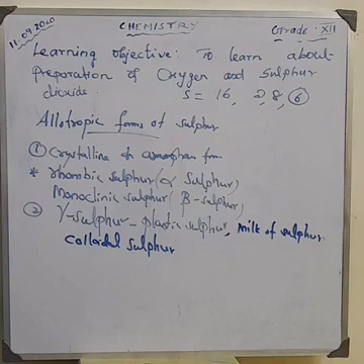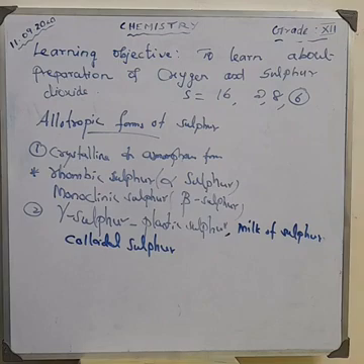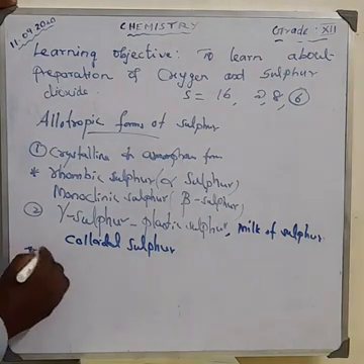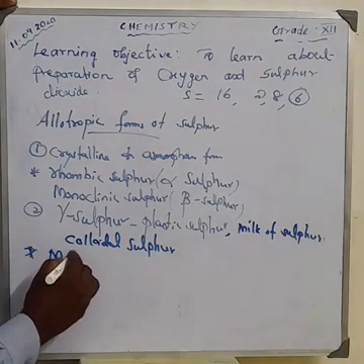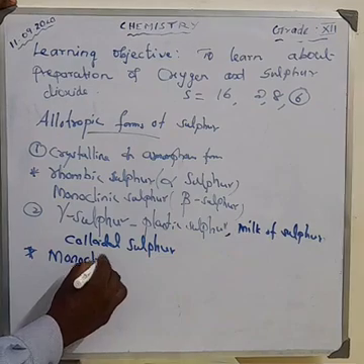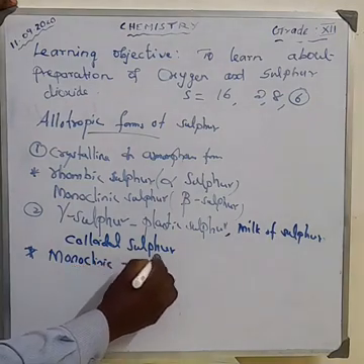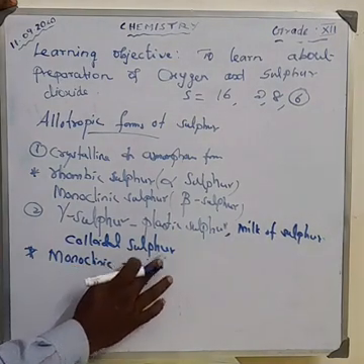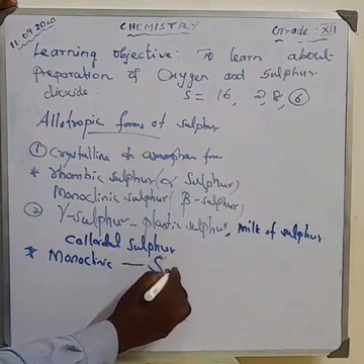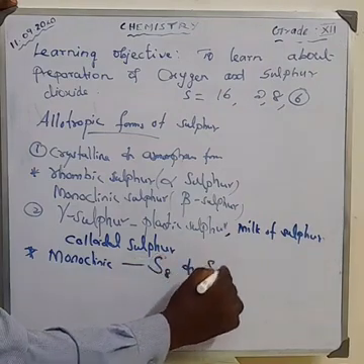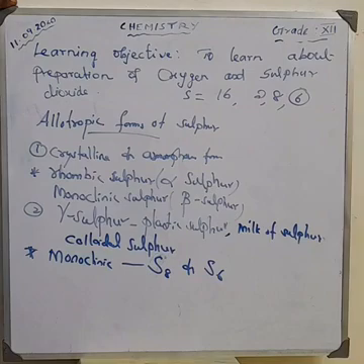Okay, then here monoclinic sulfur. Monoclinic sulfur contains S8 molecules in addition to a small amount of S6 molecules.